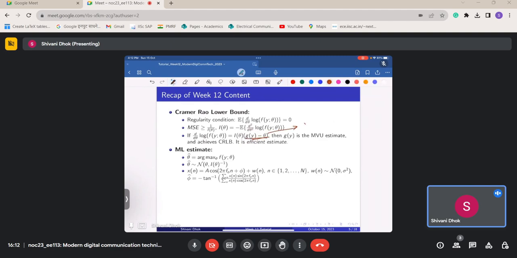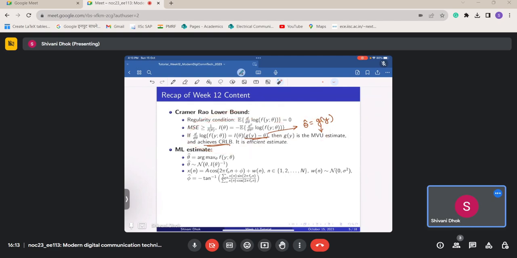That is, you have theta hat equal to gy, and this estimate is an MVU estimate, and it achieves this Cramer Rao lower bound, that is the lowest possible bound, and hence such an estimate is known as an efficient estimate or efficient estimator.